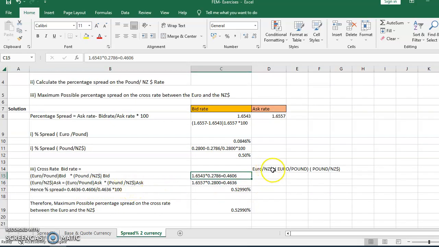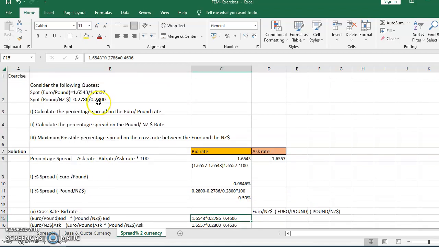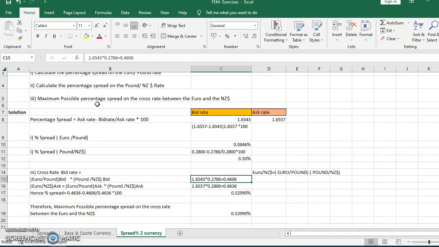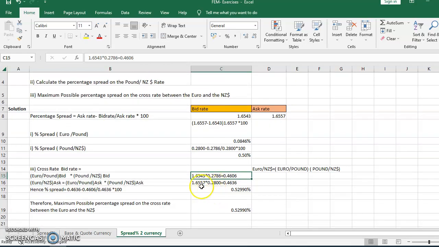The same way, you need to put this and take the values as found in the ask. So these are the two asks, 1.6557 and 0.2800. So 1.6557 into 0.2800, we get a value of 0.4636.